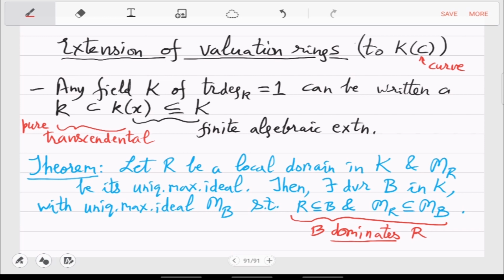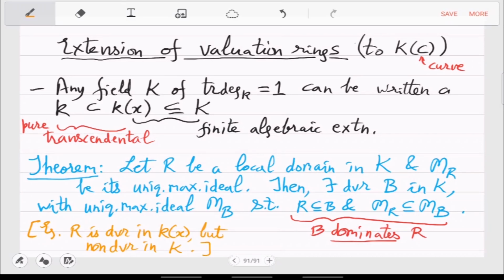In our application, that is what you have to remember, for example R is a DVR in k(x), but not a DVR in the function field of the curve.